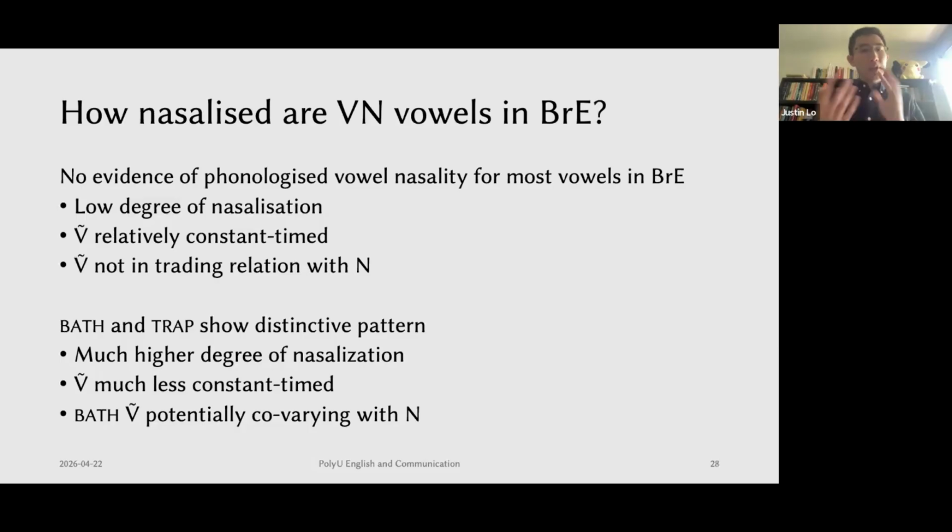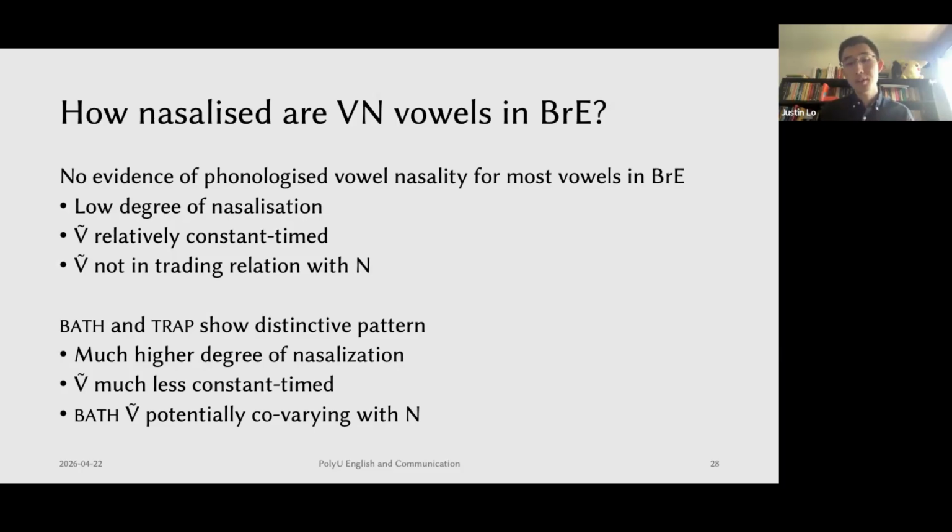So to briefly sum up that particular study, in terms of Southern British English and where we are with coarticulation, there isn't evidence yet of phonologized vowel nasality for most vowels. Coarticulation is relatively low.